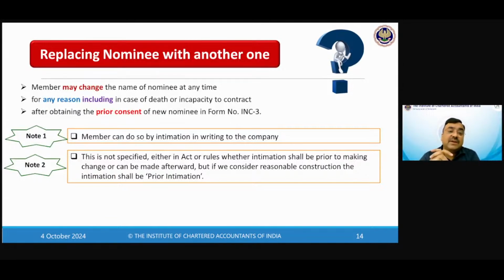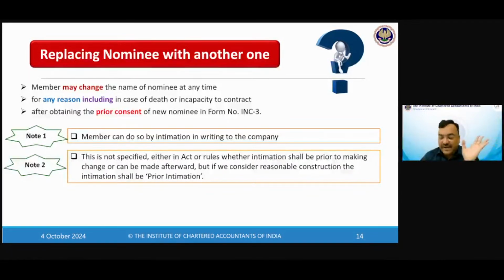The member may change the name of nominee at any time for any reason, including, this is inclusive, including in case of death or incapacity of contract, after obtaining the prior consent of new nominee in form number INC3. Right? So member can do so by intimation in writing to the company. This clear? Important note 2.